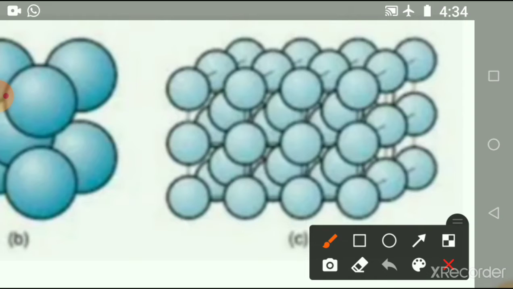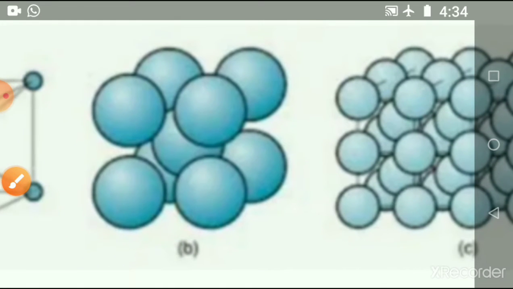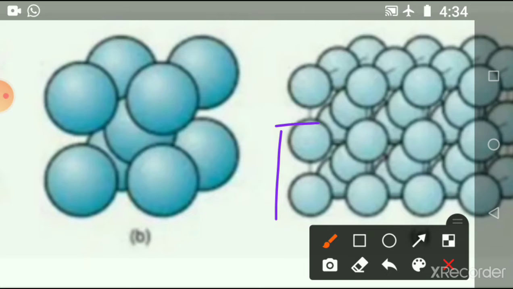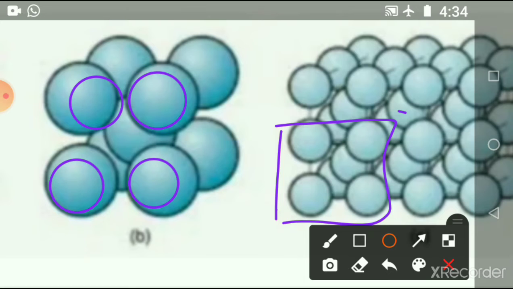So we observe the unit cell. What does the unit cell look like? We see that the unit cell contains, just look at this portion here. If we observe this portion, the atoms are located at the corners of a cube, and also an atom is present at the body center.